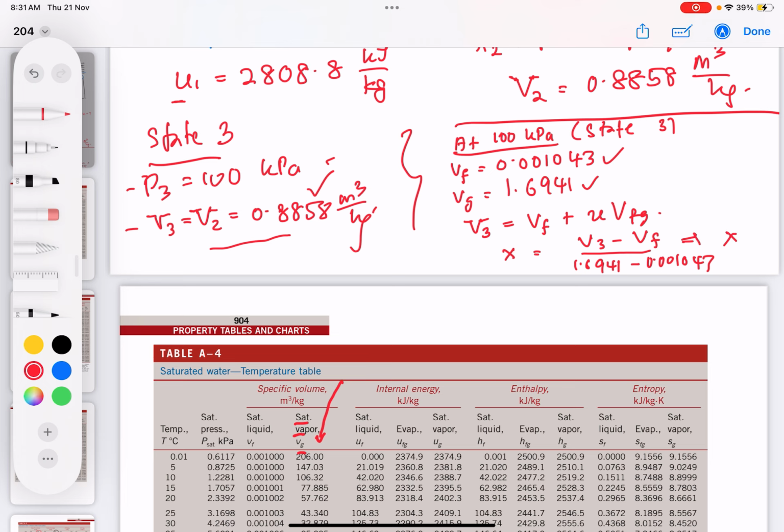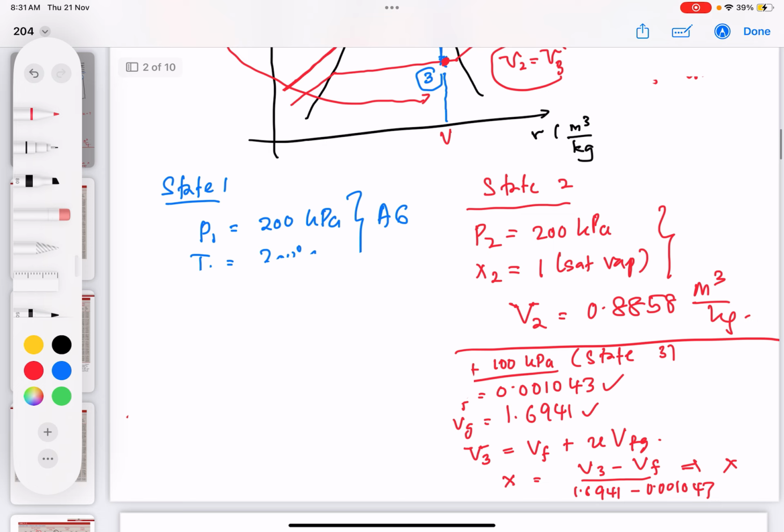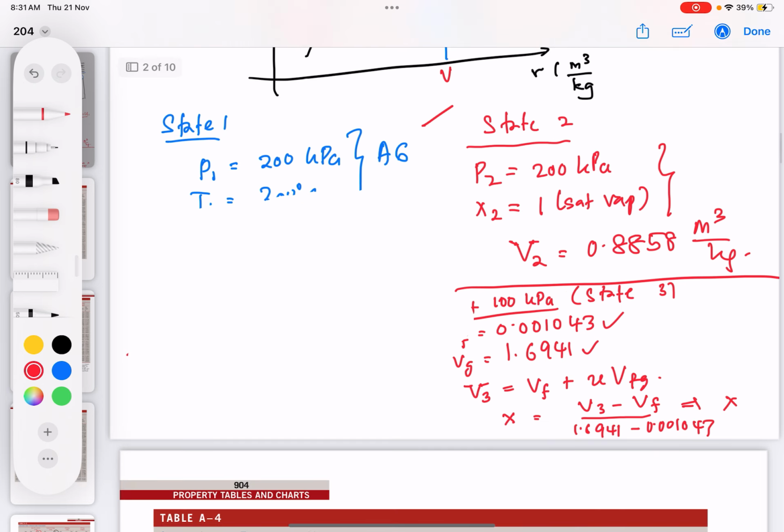Once I get the value of x, if you still remember, we need to find U3 minus U1. U1 should be straightforward because we already calculated it. In order to find U3, it is equal to Uf plus x Ufg.